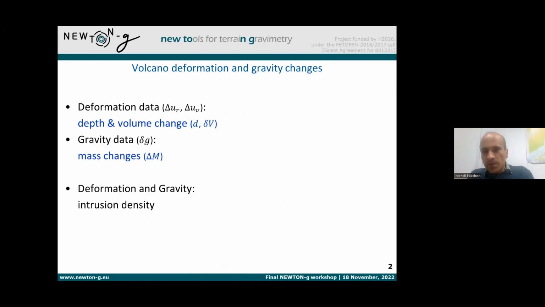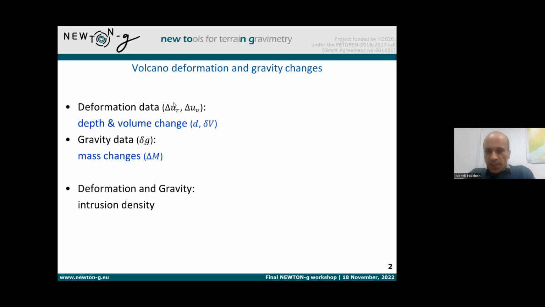Considering volcanic studies, we usually use deformation data to constrain the location of deformation sources, and by deformation sources I mean pressurized cavities. These cavities can be pressurized due to the intrusion of magmatic fluids or degassing within the cavity. So I simply in the following refer to them as deformation sources.